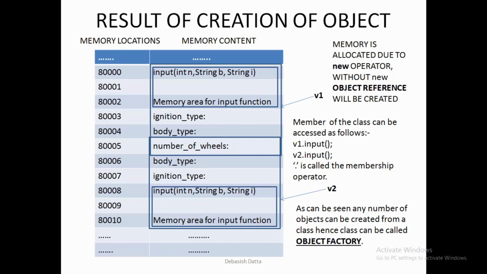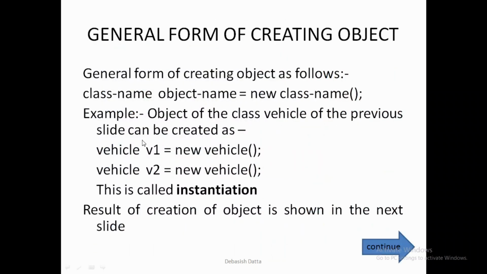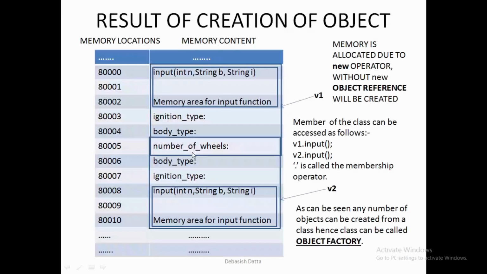As you can see in this line, v1 and v2, these two objects are created using the new operator, and as a result memory reservations happen for v1 and v2.